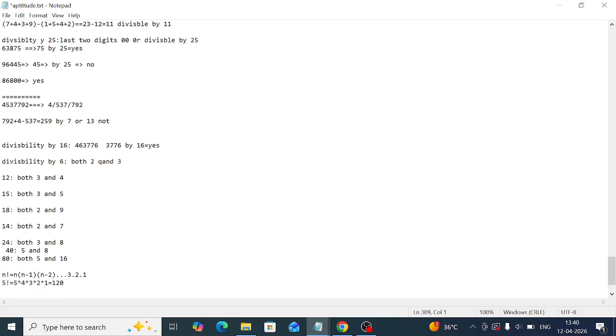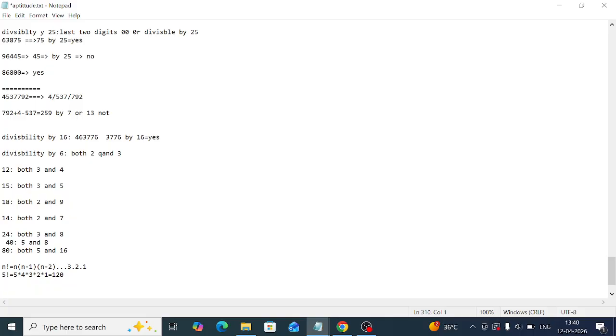Okay, next, what is 0 factorial? See, the main thing is n factorial is equal to n into n minus 1 factorial.